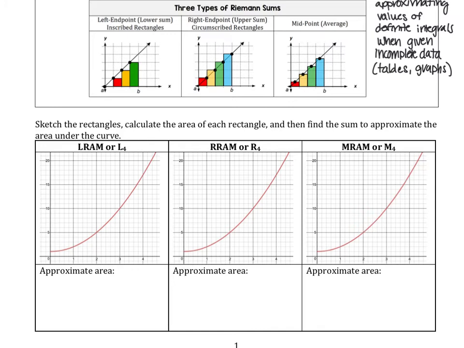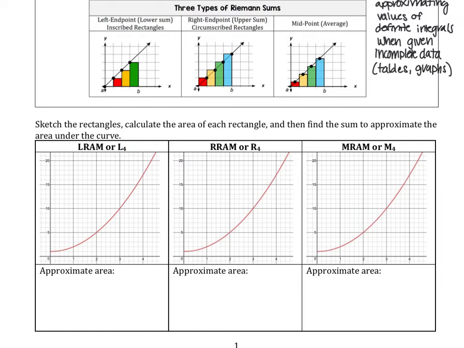Now, there are a couple of things that we need to note. One, they will usually tell us in a problem which type of Riemann sum we're going to take. What this LRAM means is the left rectangular approximation method. So the right rectangular approximation method, midpoint rectangular approximation method.